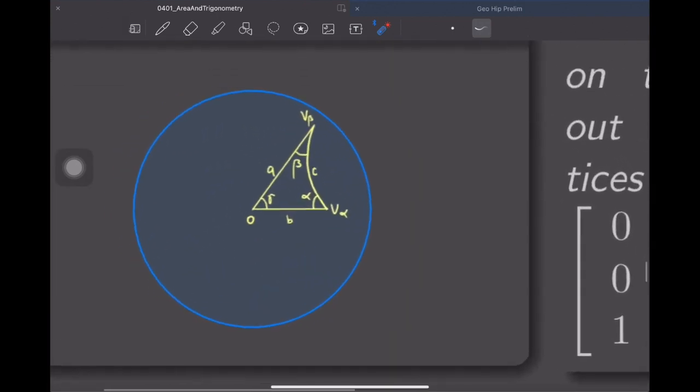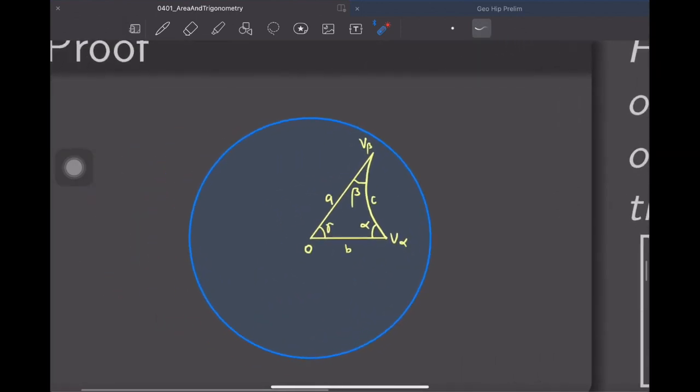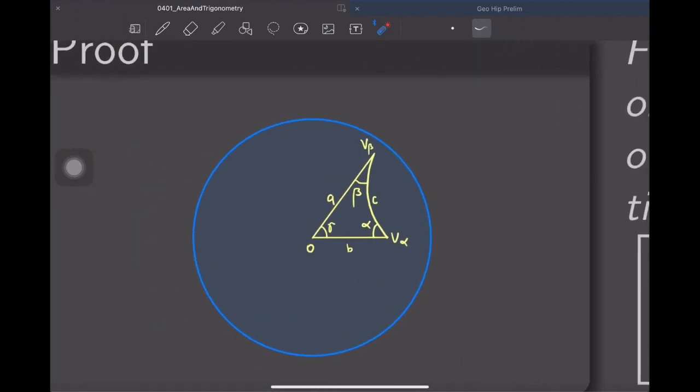And somehow, in the Poincaré disk, what I'm doing is, for the third side, I'm placing it first here and then rotating it with gamma.